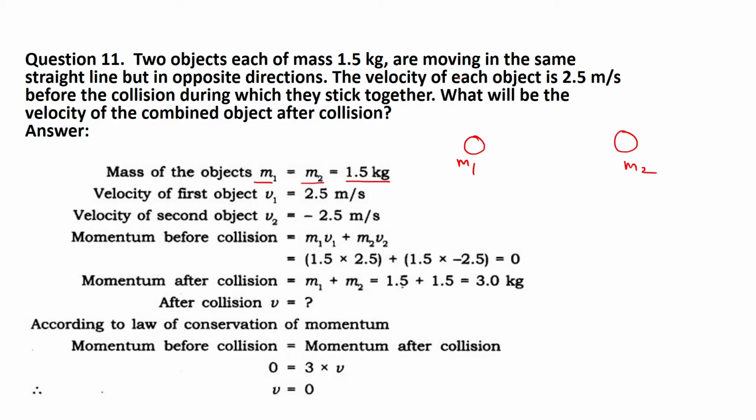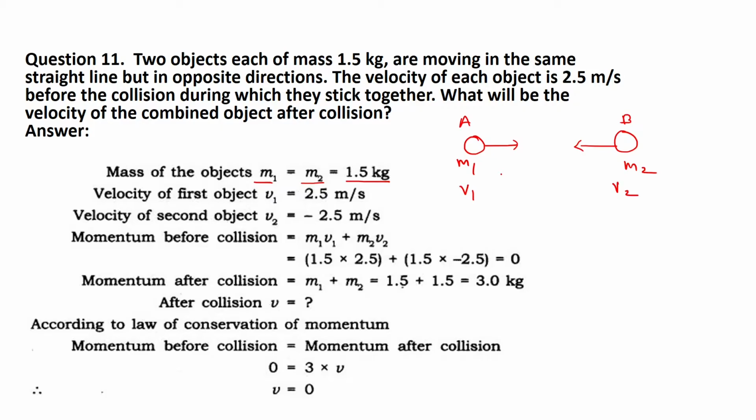m1 is equal to m2, that is 1.5 kg. And they are moving in the same straight line but in opposite directions. So it means that object A is moving in this direction, and object B is moving in the opposite direction like this. So we'll have the mass m2, and the velocity of each object is 2.5 meter per second. So velocity is also the same. This is v1 and this is v2, but velocity is of course in opposite direction.